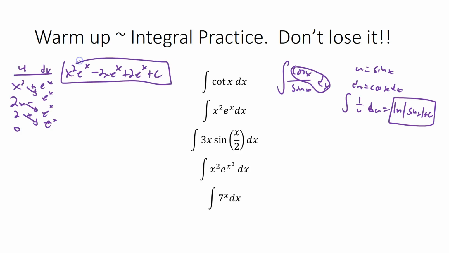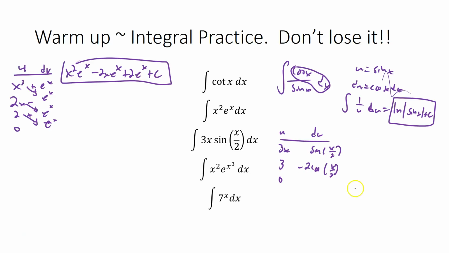There we go. Okay, next one, also a great table candidate. It's a little bit more complicated, but it's still not too bad. So we have our u and our dv. u would be 3x, and then 3, and then nothing. dv is sine of x over 2. Now this is where we have to think about those constants. The antiderivative of sine is negative cosine of x over 2. Now when we take the derivative of that, there'll be a 1/2 in front, so I have to throw a 2 out there to be ready for that 1/2.